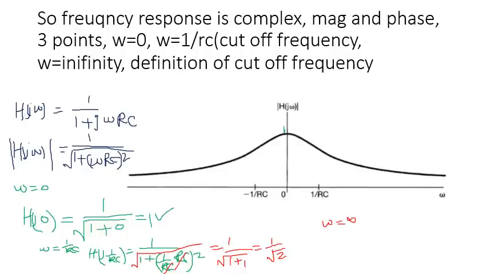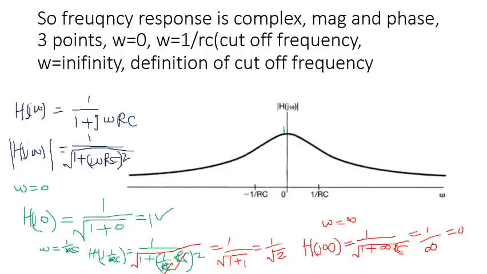So H of j infinity is 1 over 1 plus infinity into RC, which is 1 by infinity, basically 0.